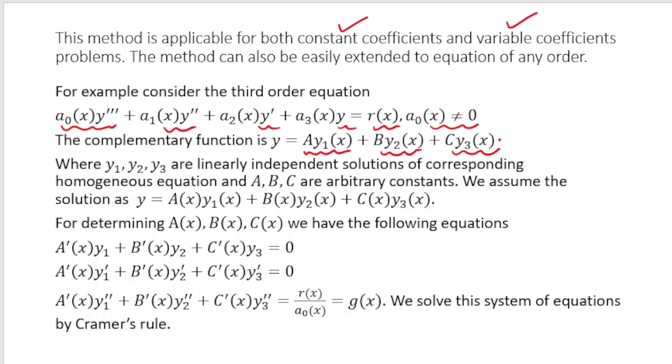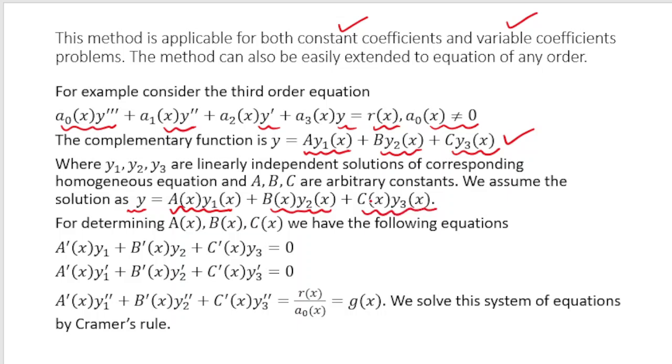So once we write this as the complementary function, to find the particular integral, what is the process? So here we actually directly write the general solution. We write the general solution as y is equal to a(x) into y1(x) plus b(x) into y2(x) plus c(x) into y3(x).